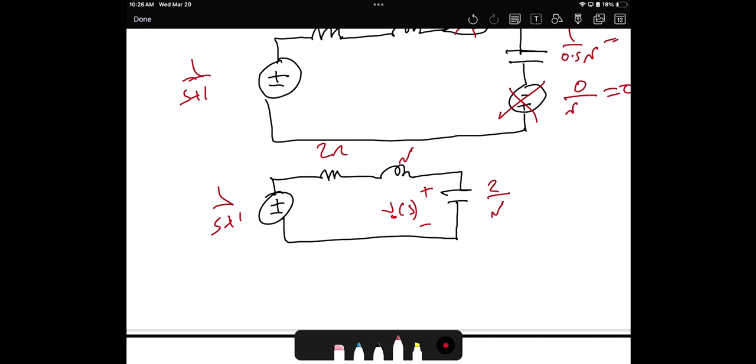Okay, do you know how to calculate it? There is one way. You do KVL, right? Then find the currents. Then you can say Vo is I times Z, right? Or Thevenin, Norton. Is this correct? That's one way. Another way, do you know what's the other way?